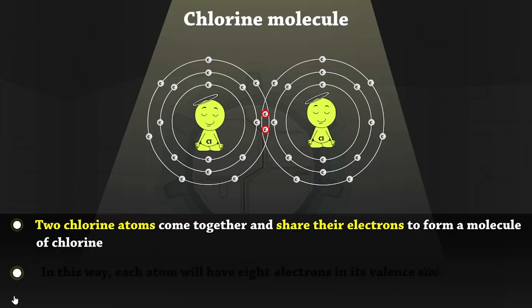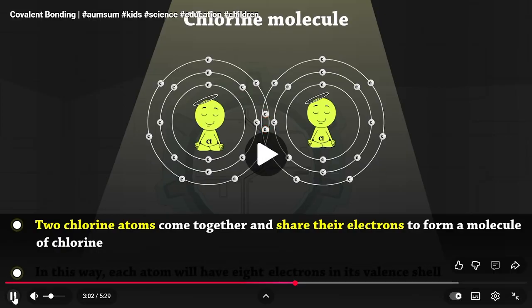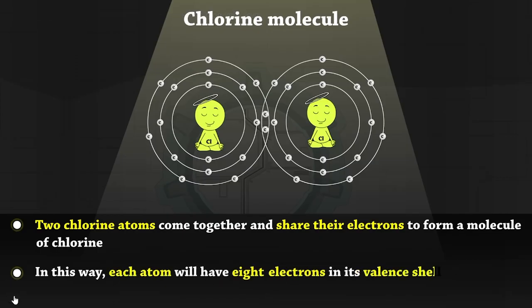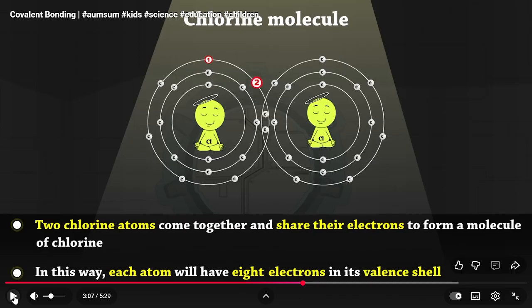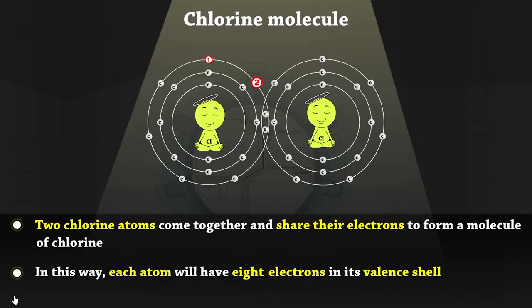We'll fill those in a minute, they'll pop up. In this way, each atom will have 8 electrons in its what shell? Valence shell.